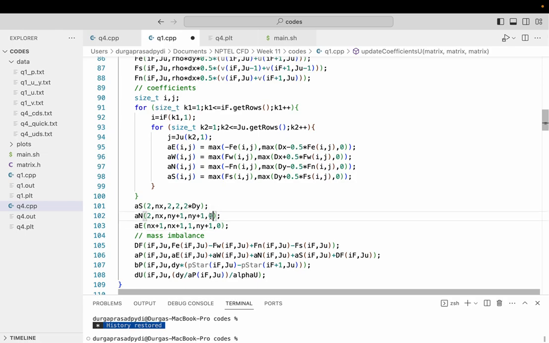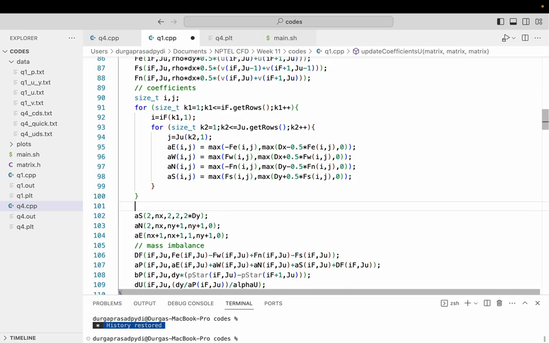So the notation for this matrix I am following is, this is my start index. So the indexing notation is something like this. If you have an array, I give the start index along the x direction, and similarly I will give along the y direction. And then I give the value that it has to replace.